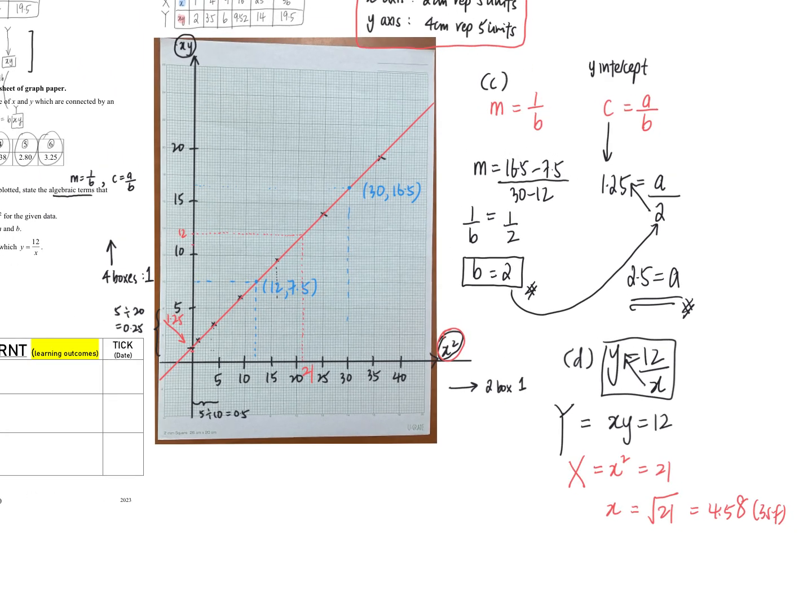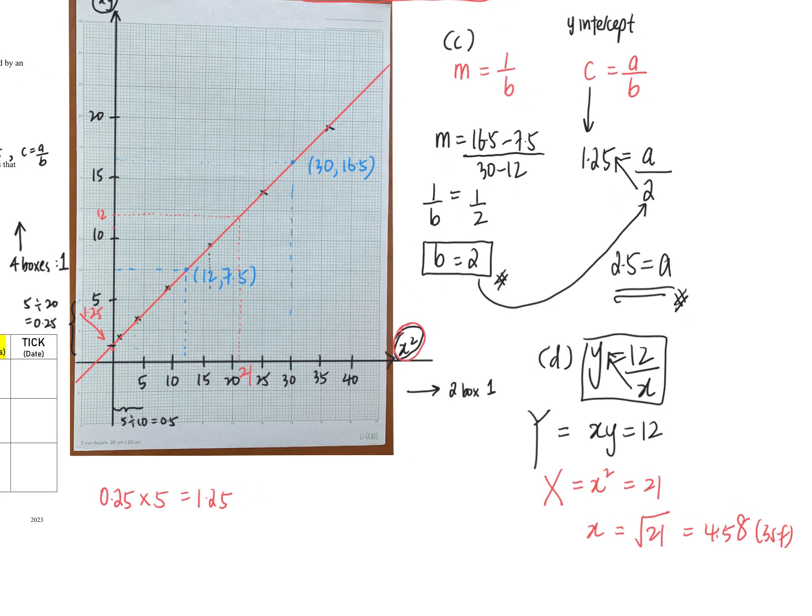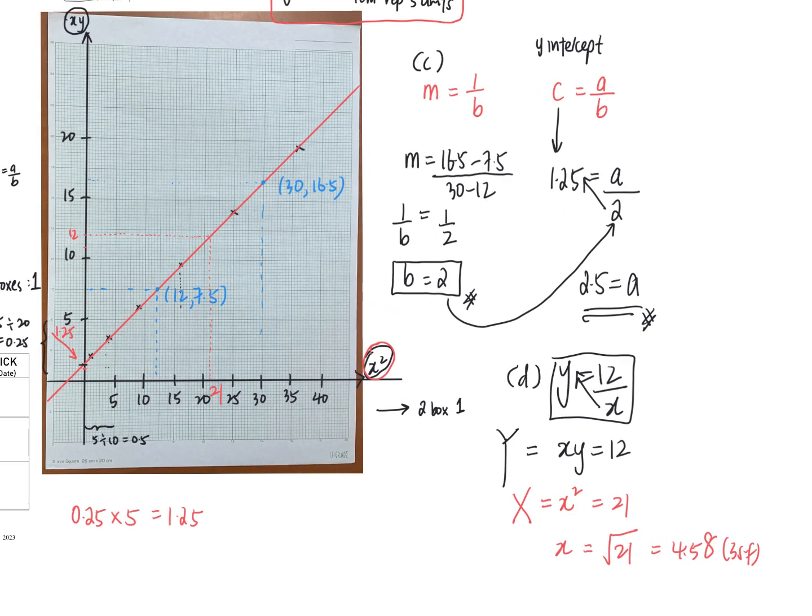Every 1 box is 0.25. So the 5th box means it's 1.25. So you all read properly. Okay? So just remember whatever they give you, relate back to the curve. Also can. Okay? So I'm just showing you how it works.